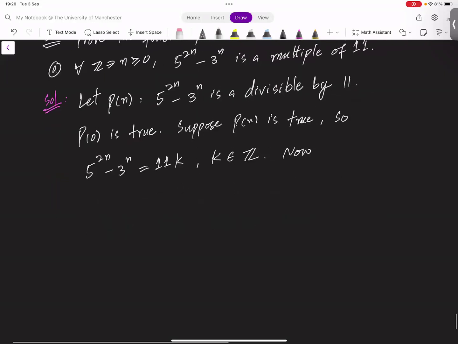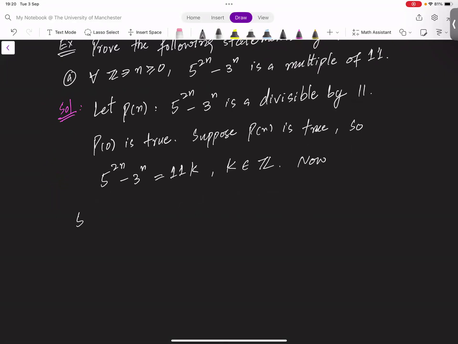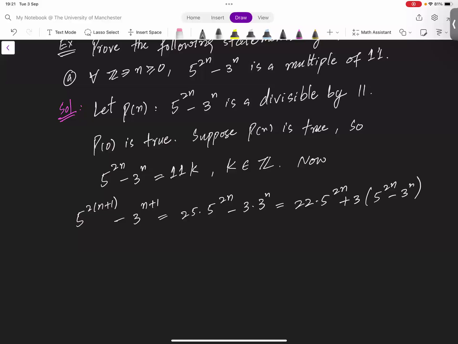Now 5 power 2n plus 1 minus 3 power n plus 1 can be written as 25 into 5 power 2n minus 3 into 3 power n, and this can be written as 22 into 5 power 2n plus 3 into (5 power 2n minus 3 power n).